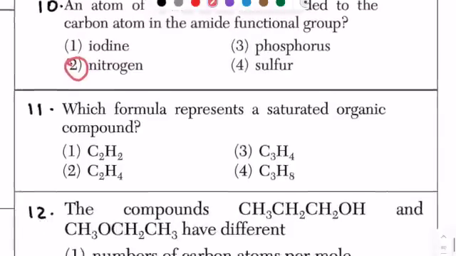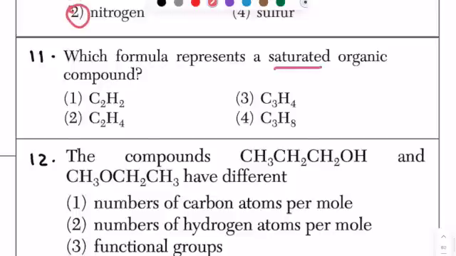Which formula represents a saturated organic compound? So saturated is something that has only single bonds between the carbon atoms. If you try to draw these, the first one has 2 carbons and only 2 hydrogens.